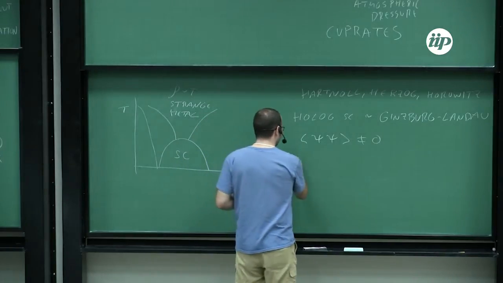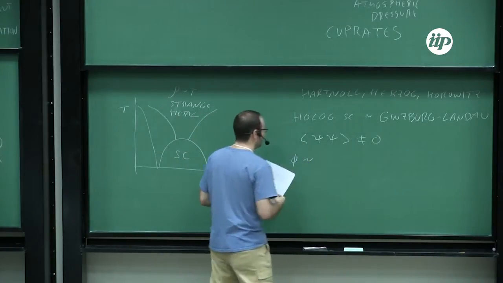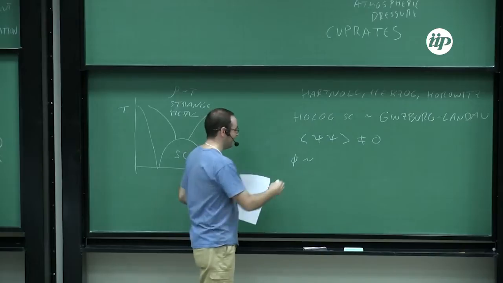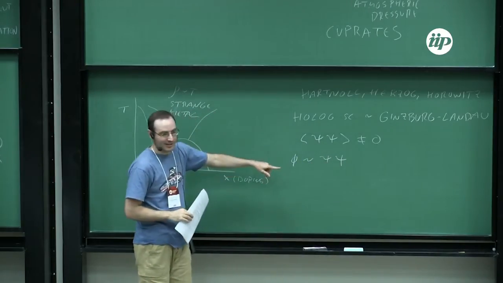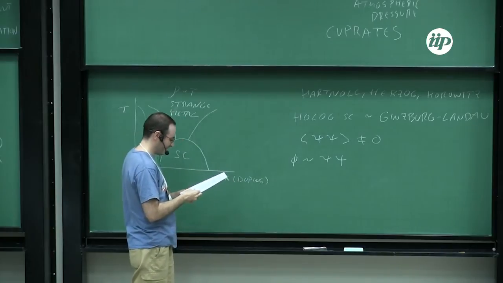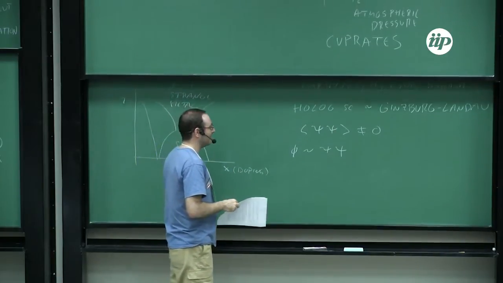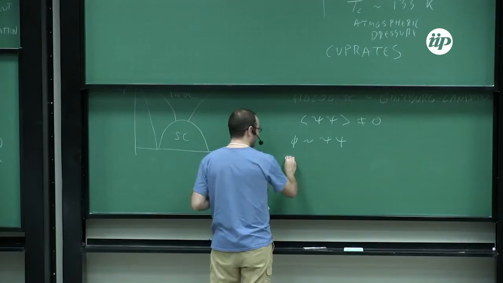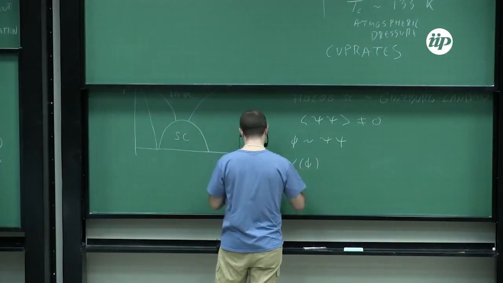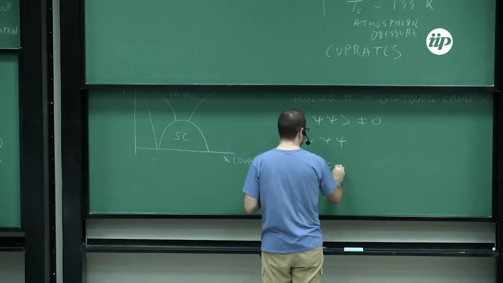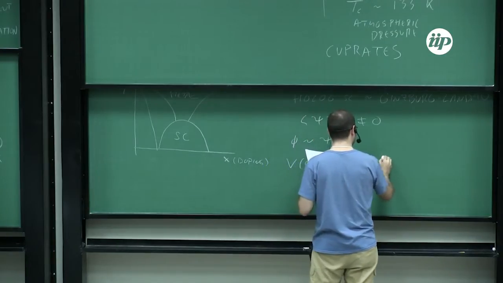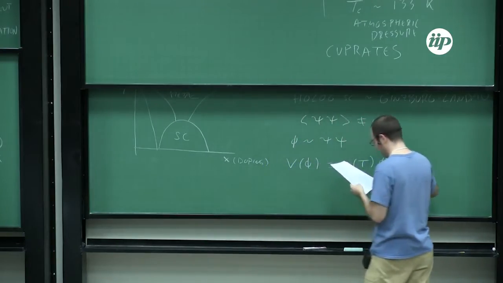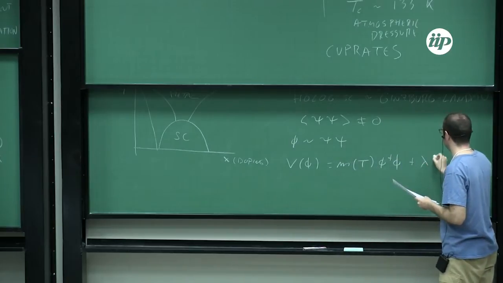Now, one can describe the formation of this condensate by introducing some scalar operator, which is roughly this bilinear fermion. And then there will be an effective potential for this operator, which is now bosonic. One can write the effective potential as some mass term and then some quartic interaction.